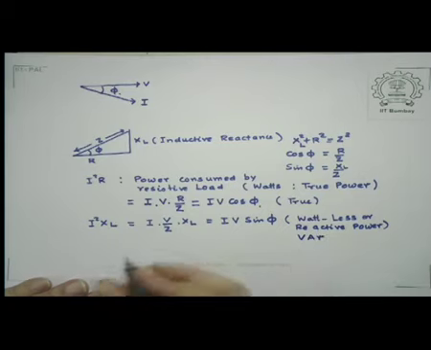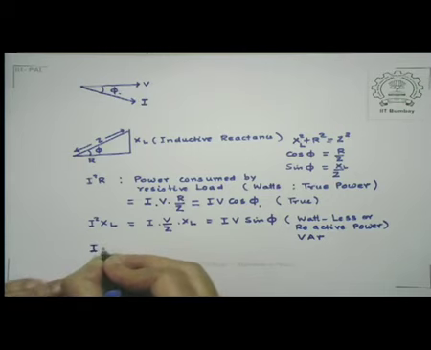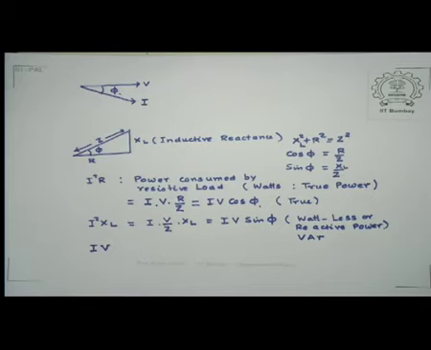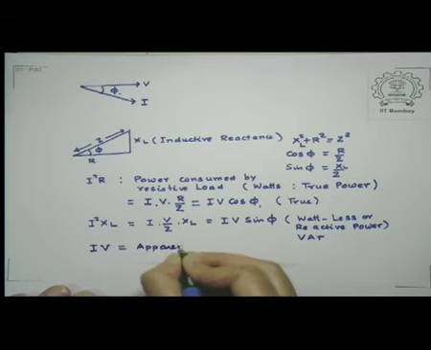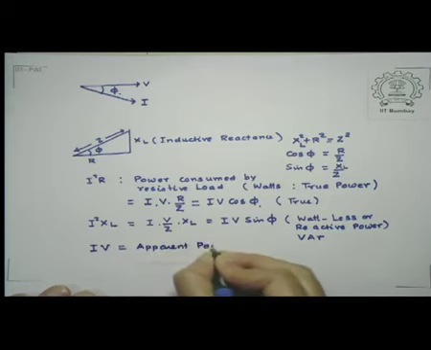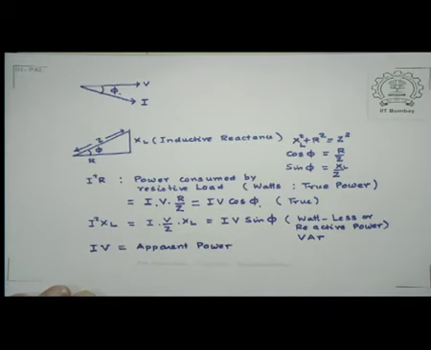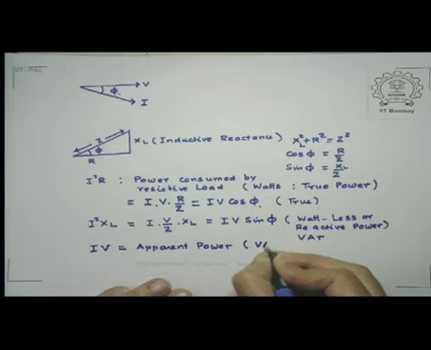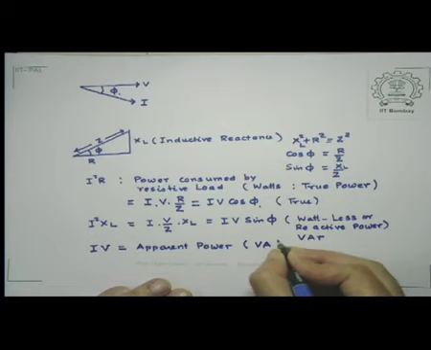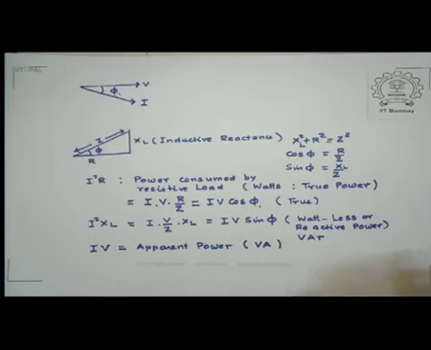Now, the product I times V itself, that is known as the apparent power, which is the same as I square Z. And in this case, the unit in which it is measured is volt ampere or kilovolt ampere, as might be the case.